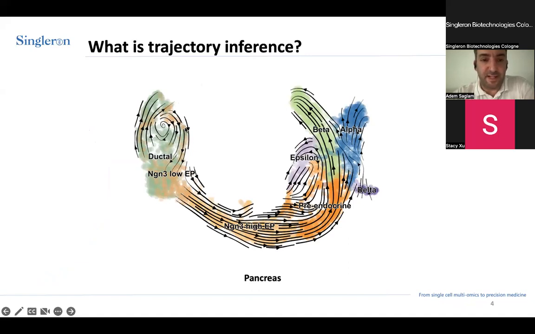So you have a cell somewhere here, and it has a certain transcriptome profile. Another cell next to it will have a similar transcriptome profile, but still slightly different. So that's why they are apart. Otherwise, they would be superimposed. And another cell that is further away from the second one has, again, a slightly different transcriptome profile.